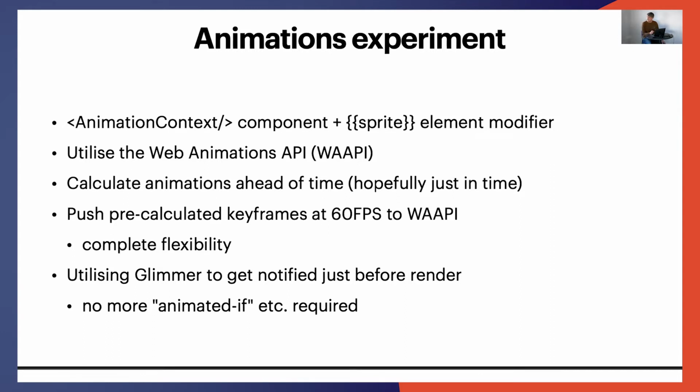And basically this list is a bunch of stuff that we're throwing at the wall to see what sticks. It's not necessarily what it's going to be, but we're trying to simplify Ember Animated in the way it's used, because it's quite hard to use for people. I have to look up stuff every time as well.